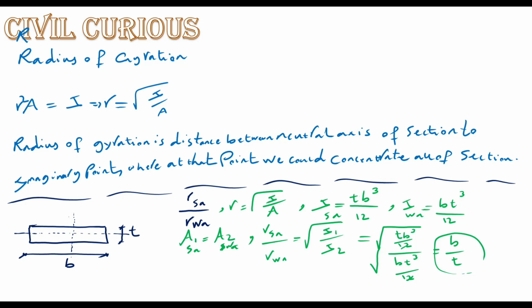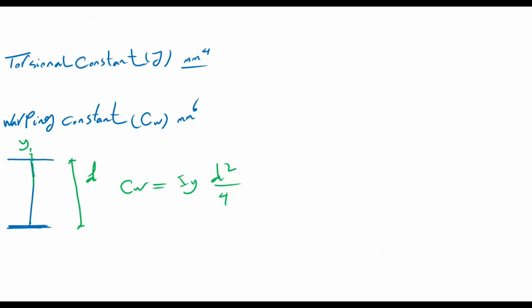Then we introduced the torsional constant, which we show with J, and the warping constant. I told you that the process of calculating Cw is a bit hard, and you have to memorize the relation for that. As you can see, I have written an equation for an I beam with a symmetry axis.